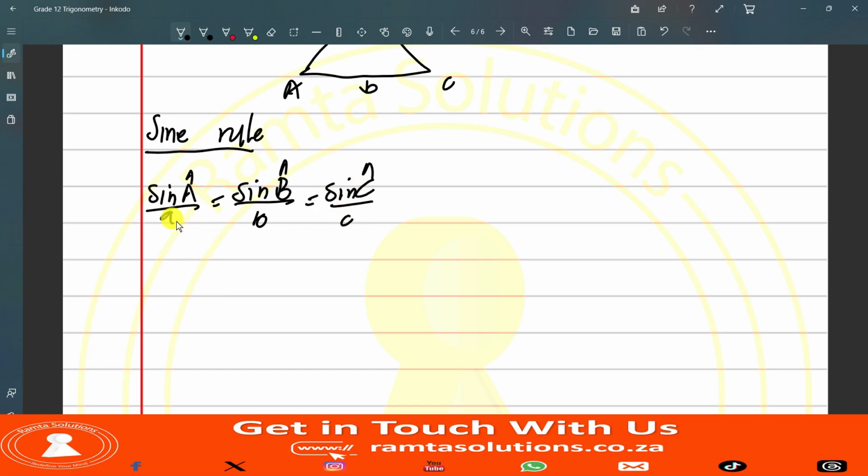You can also swap them around and say a over sine angle A equals b over sine angle B equals c over sine angle C. Let me just write them down.